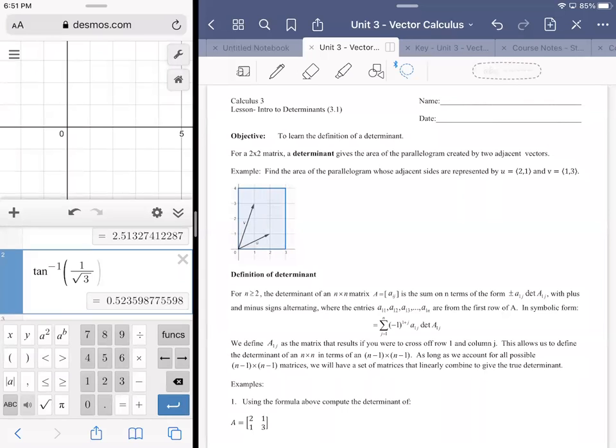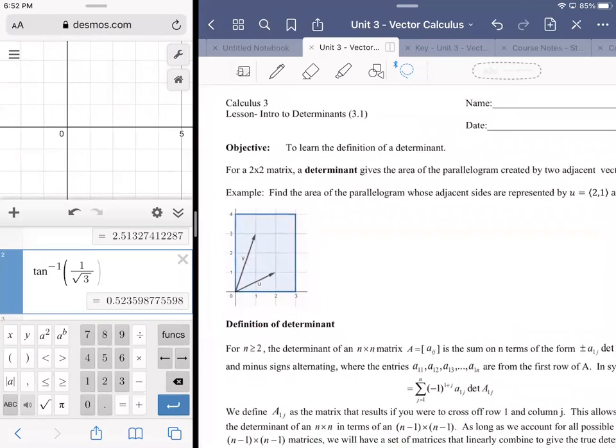It also gives you the volume of the parallelepiped created by 3 adjacent vectors that serve as the corners of that parallelepiped. That would be the 3 by 3 case. Those areas could actually serve as a basis for any geometric figure if you want. So it's a good place to start.